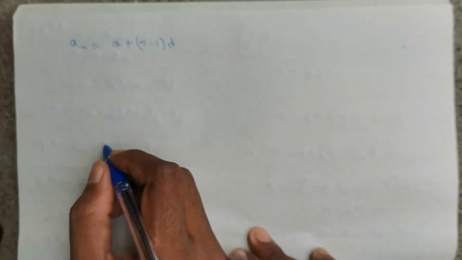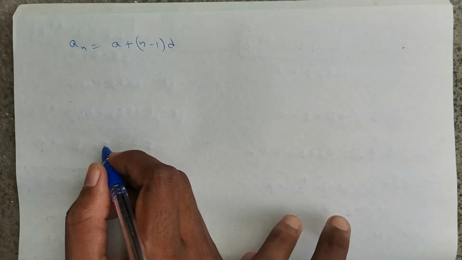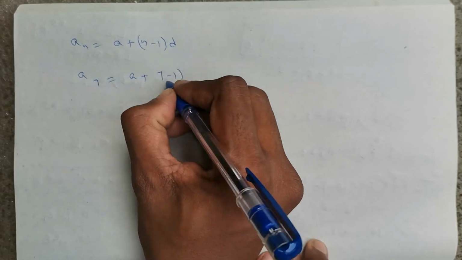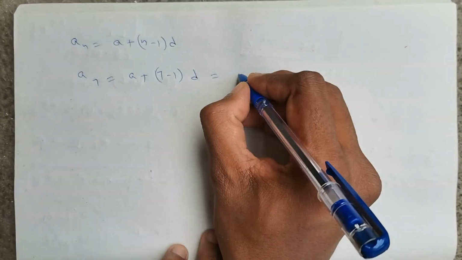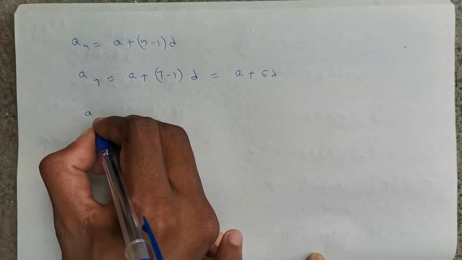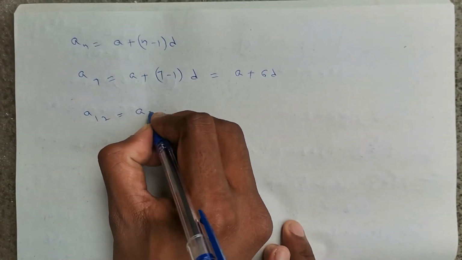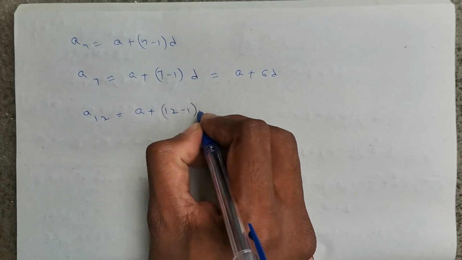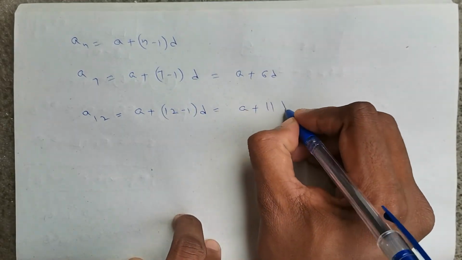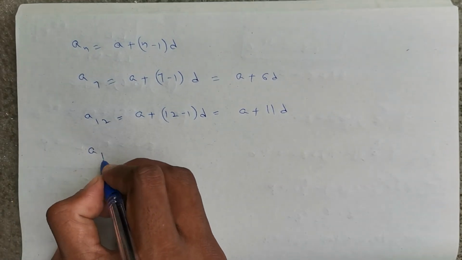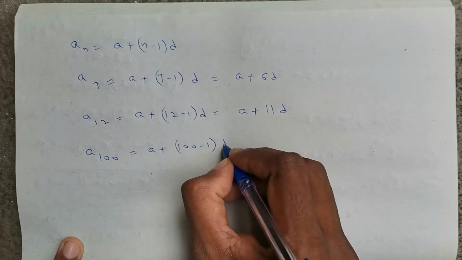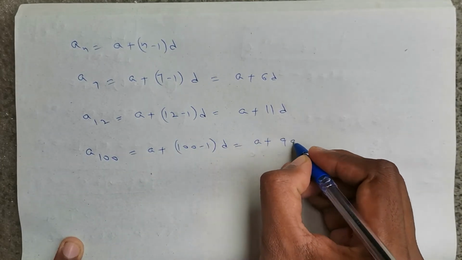For example, if I want the 7th term, a7 is equal to a plus 7 minus 1 into d, nothing but a plus 6d. The same way, the 12th term, a12, is a plus 12 minus 1 into d, which is a plus 11d. The 100th term, a100, is a plus 100 minus 1 into d, which is a plus 99d.